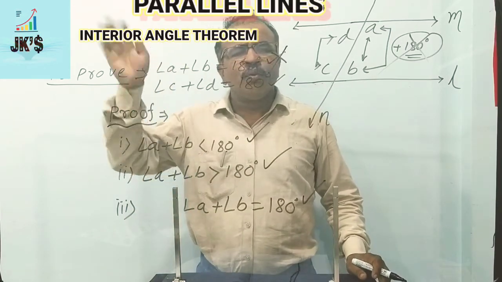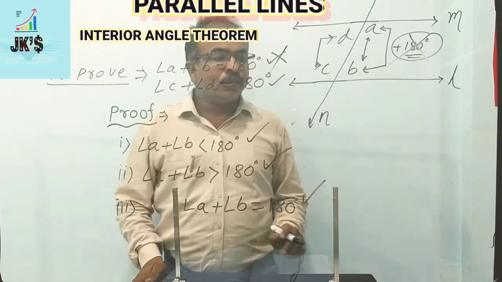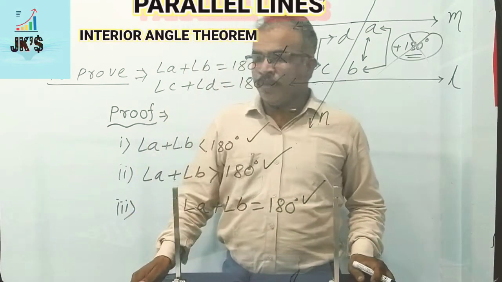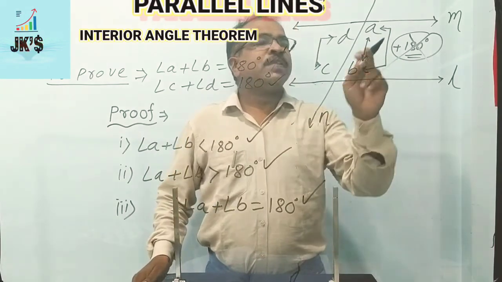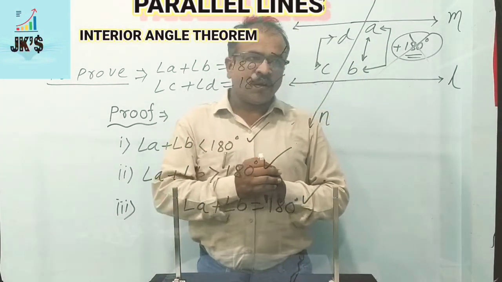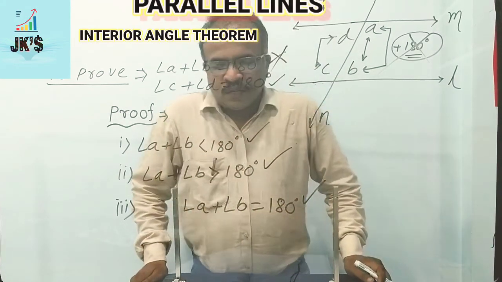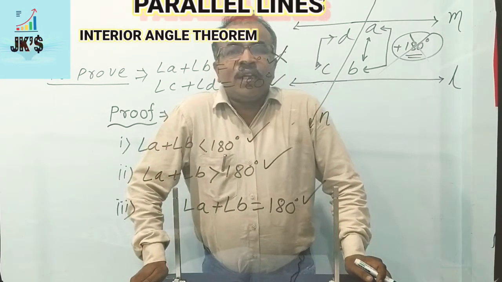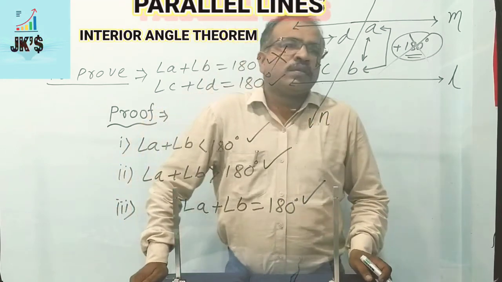Theorem gets proved. So at first, we consider angle A plus angle B is less than 180, according to Euclid's postulate. In the first chapter, we studied Euclid's postulate. What is Euclid's postulate?